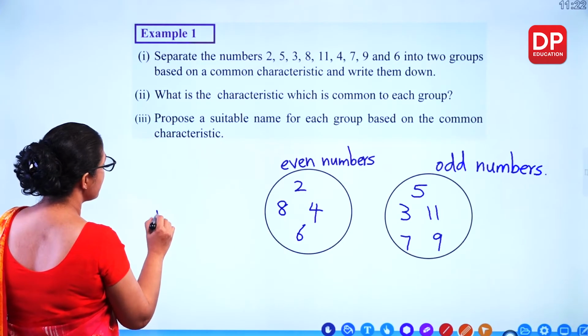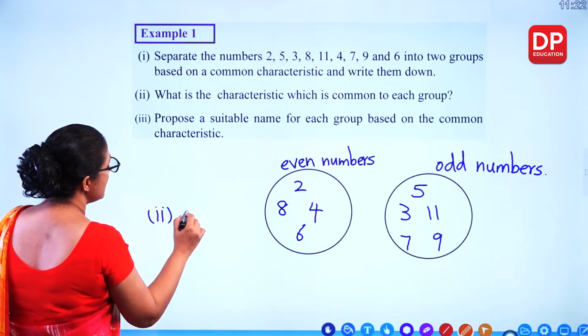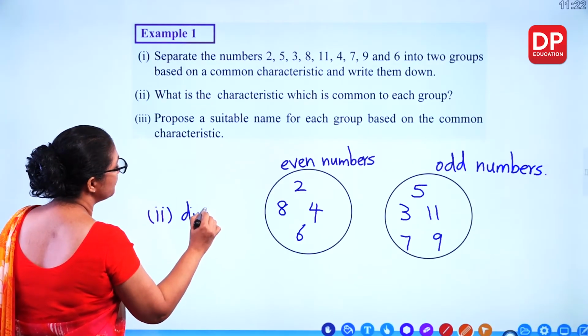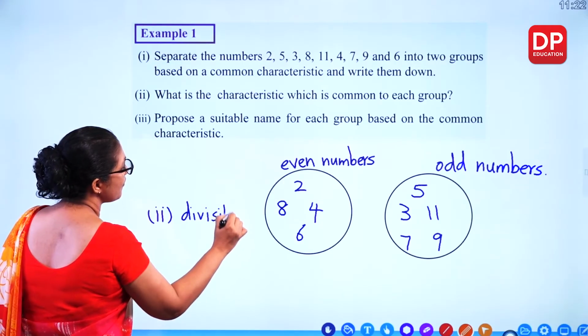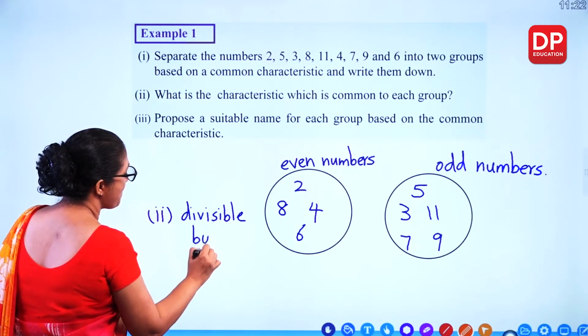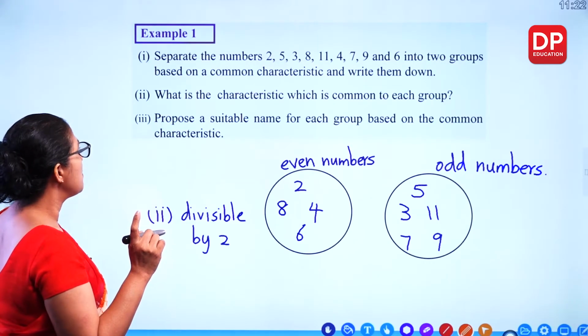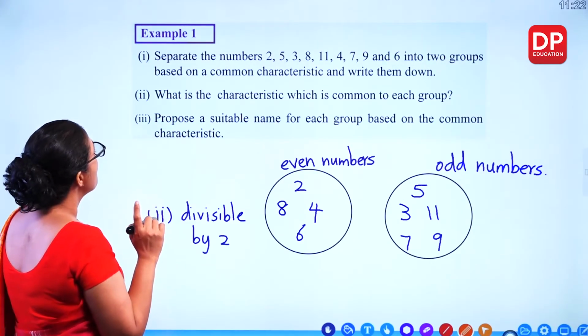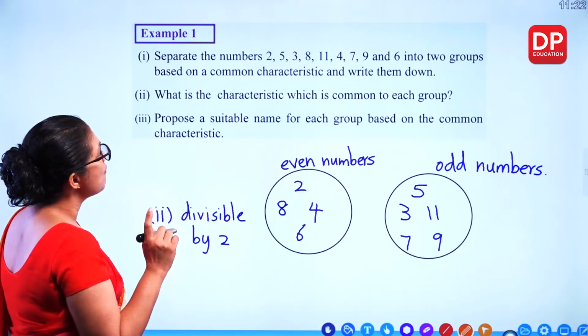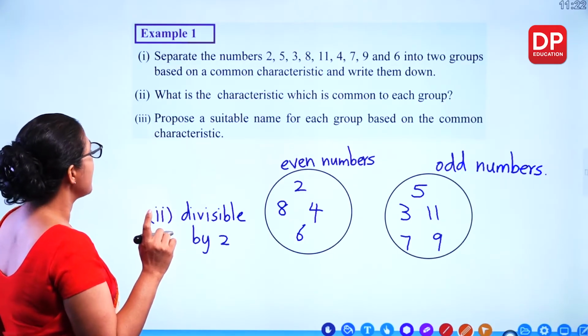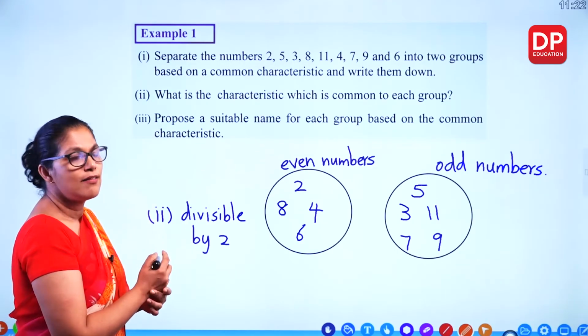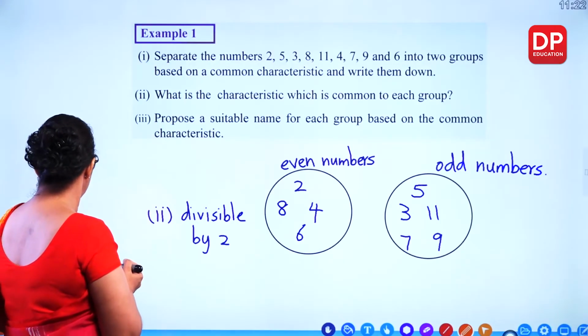So what's the characteristic we are looking at? Divisible by 2, or not divisible by 2. Propose a suitable name for each group based on the common characteristic: even numbers and odd numbers.